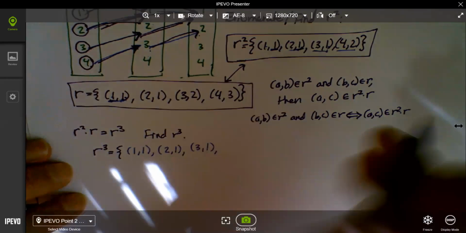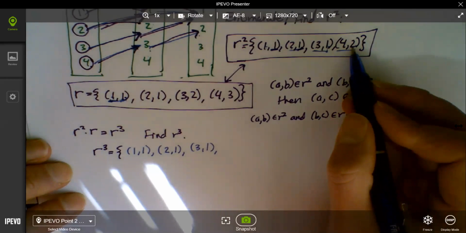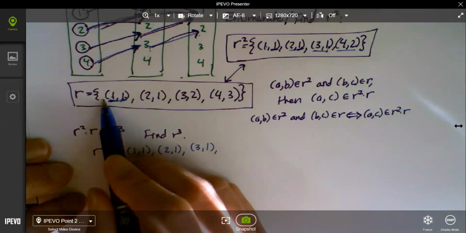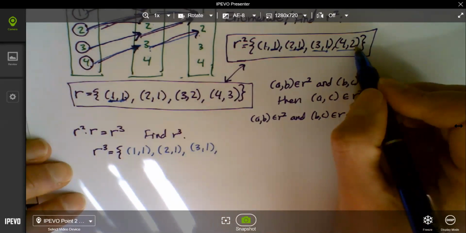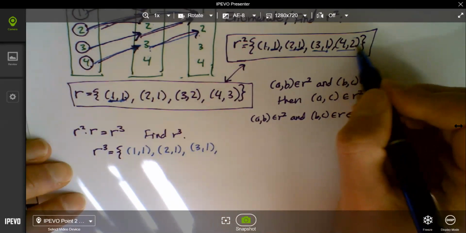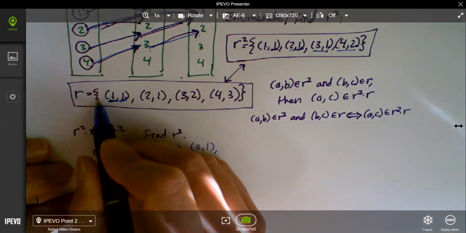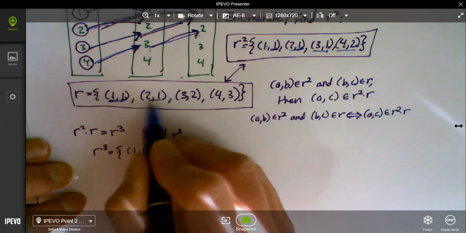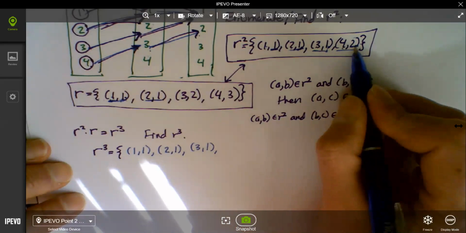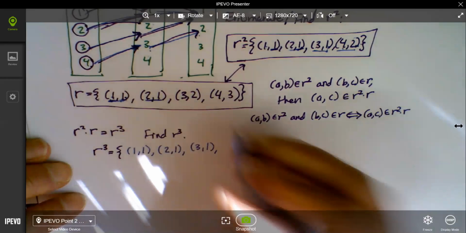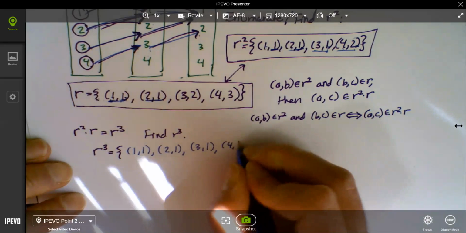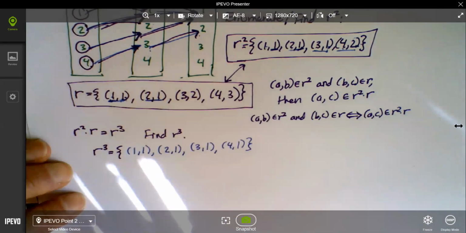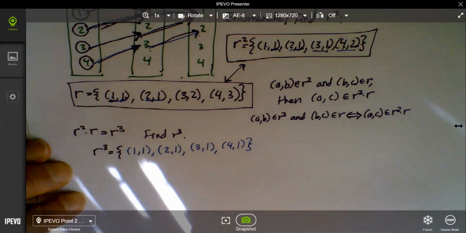I'm looking for an ordered pair in R whose first position is a 2. The only one is (2, 1). So 4 goes to 2, 2 goes to 1, and (4, 1) is an element in R cubed.